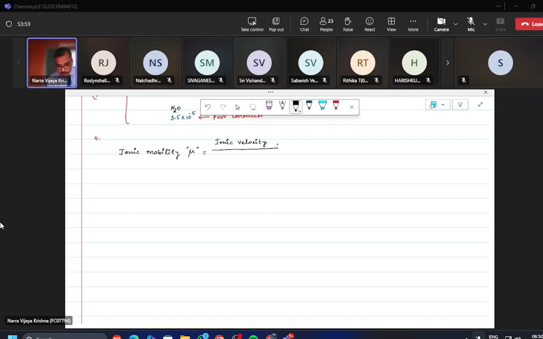So ionic velocity upon potential gradient, or we can write this as ionic velocity upon potential difference upon distance from electrode.